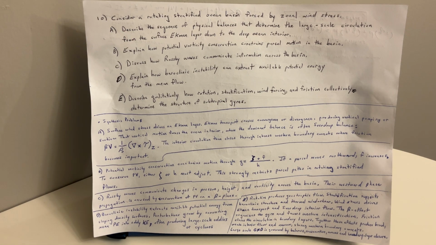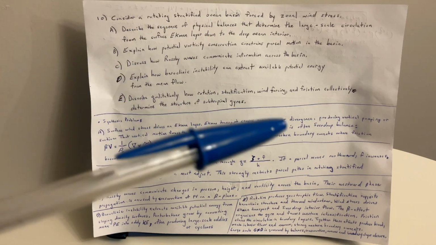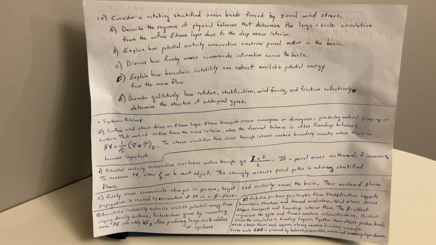Part A, describe the sequence of physical balances that determine the large-scale circulation from the surface Ekman layer down to the deep ocean interior. Okay, so letter A, surface wind stress drives an Ekman layer. Ekman transport causes convergence or divergence, producing vertical pumping or suction.